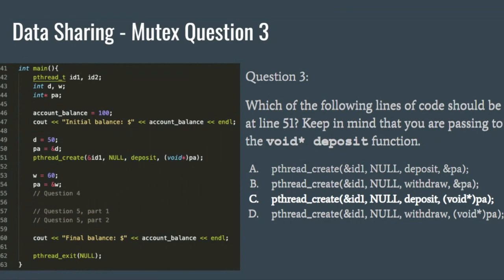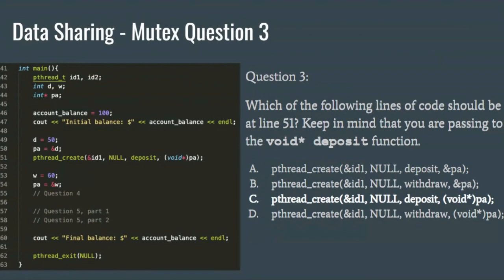Yes, you're right. Any other questions on this? It's a little tricky, totally understand. I get why you put PA in the void star, but in the way you wrote it for C, are they together as one thing?